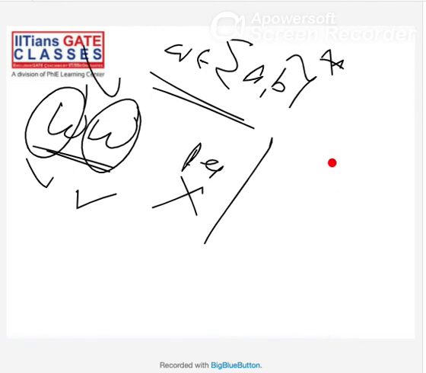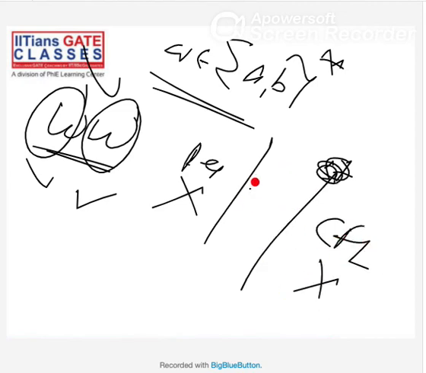The stack cannot do forward matching. So this is not CFL. And because this is not CFL, this is not DCFL also, because every DCFL is CFL. So this is neither DCFL, nor CFL, nor regular.